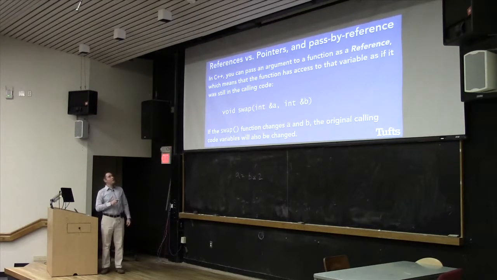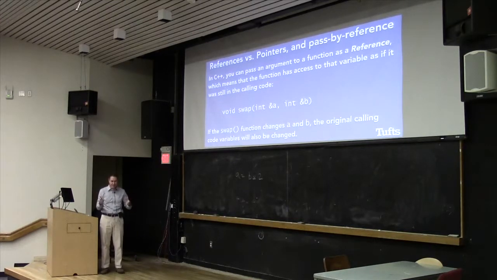When you declare a function and you say some type with this ampersand in here, that means I am going to pass you a variable and you get to treat it as what we call a reference. When you're calling the function, you don't use this, which you do in pointers, so it gets very confusing.